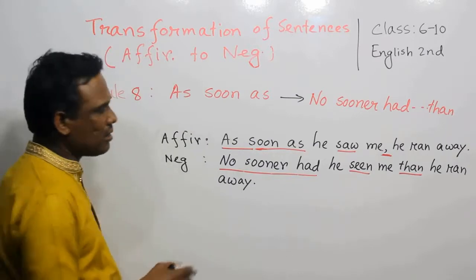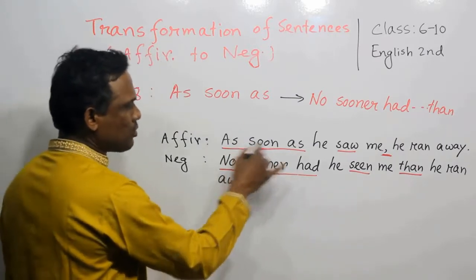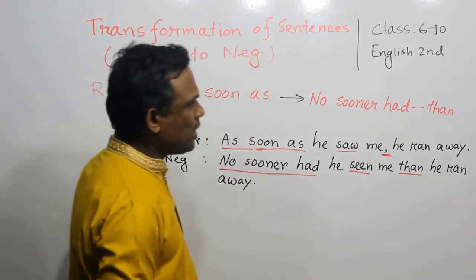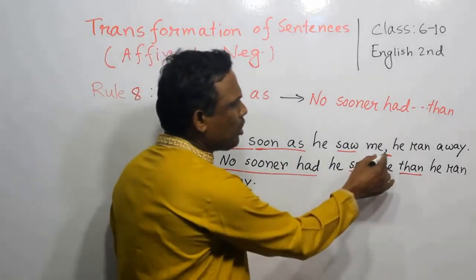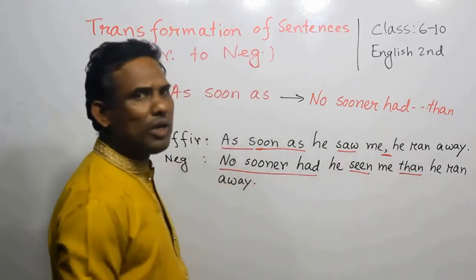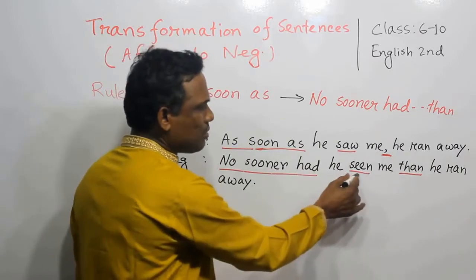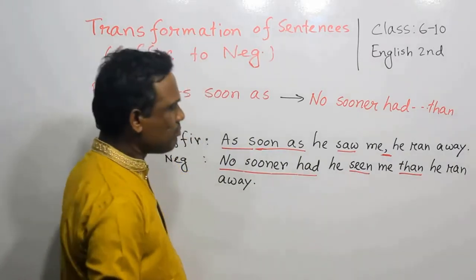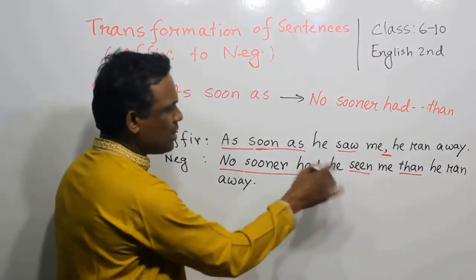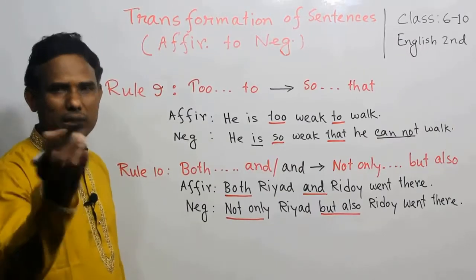Here you can see I have used notional had in place of as soon as. Then you can see by omitting the comma I have used the conjunction then. Then you can also see saw has become seen, which is the past participle form, because had is followed by past participle form.